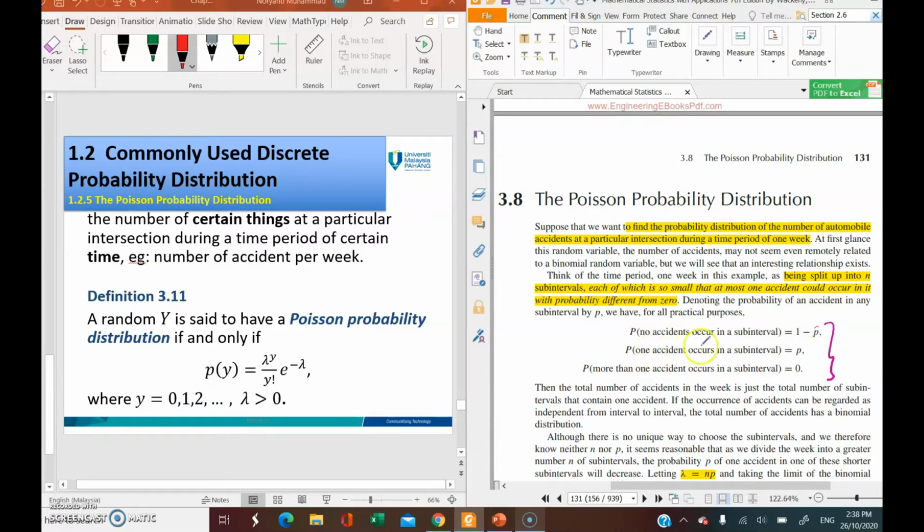If one accident occurs in the sub-interval, we have P. If more than one accident occurs in a sub-interval, we have 0.